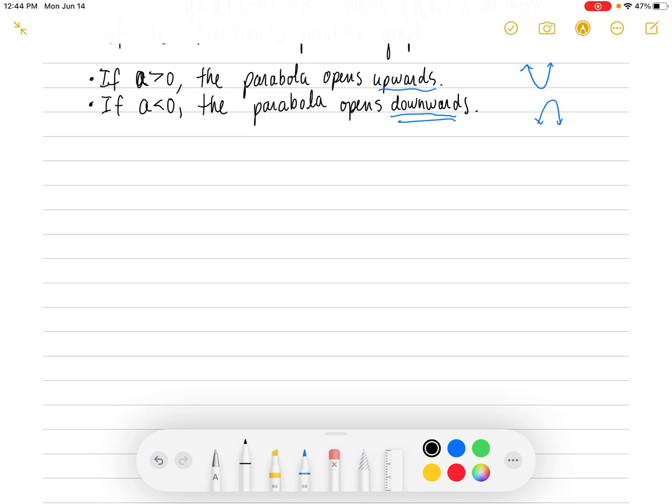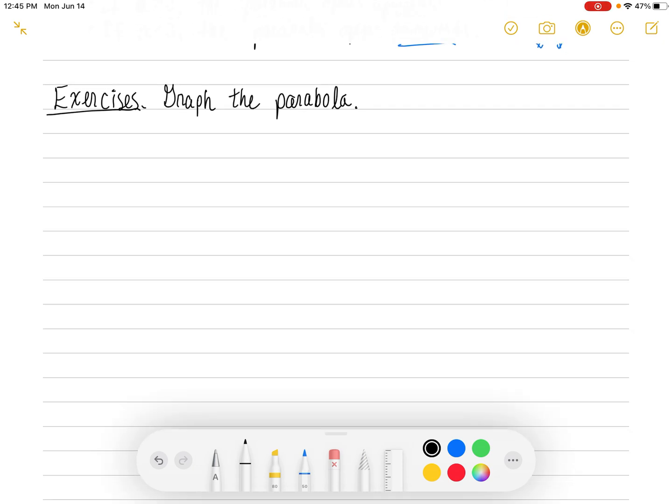So what we want to do is graph some quadratic functions. We already know how to use transformations of graphs from section 2.5, so that's what we're going to do here. Just go do some exercises. Graph the parabola. A parabola is a U-shaped graph of a quadratic function.